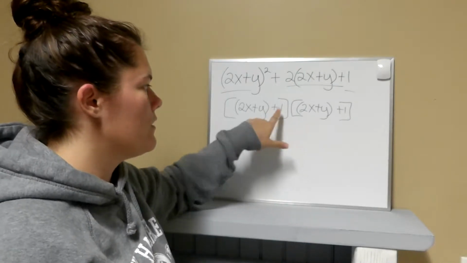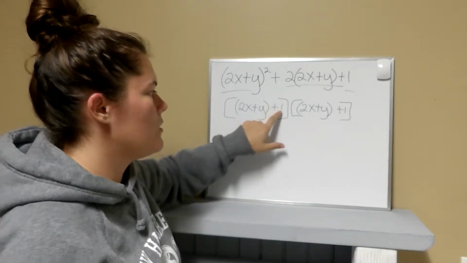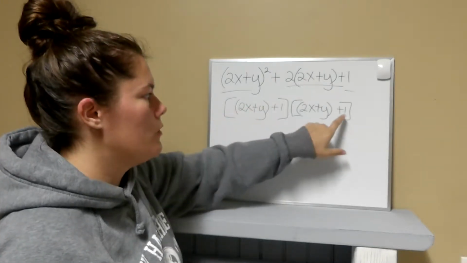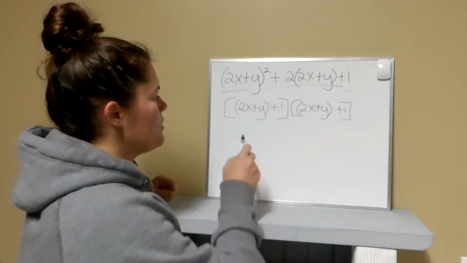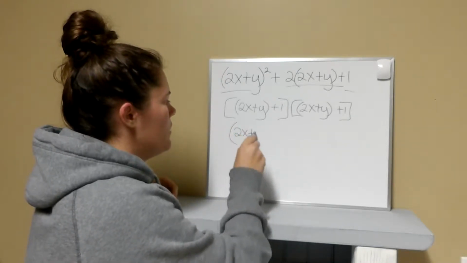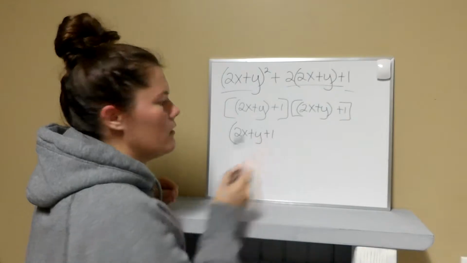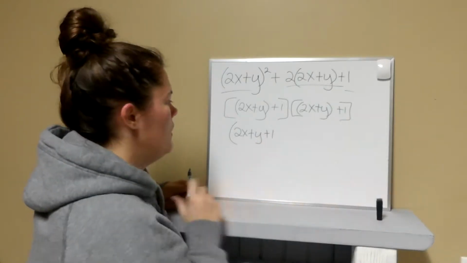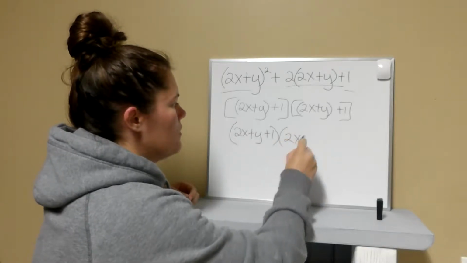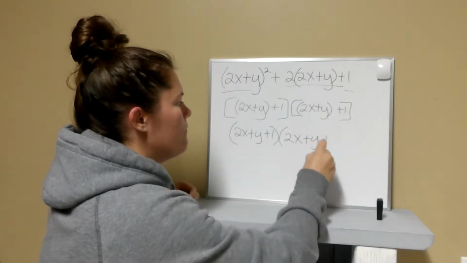The reason why you're not putting it all in yet is because you're multiplying 1 times all of this. When you're multiplying 1 in here, you're making it its own equation where it's 2x plus y, and then you're adding in the plus 1. And then you're doing the same thing over here, 2x plus y plus 1.